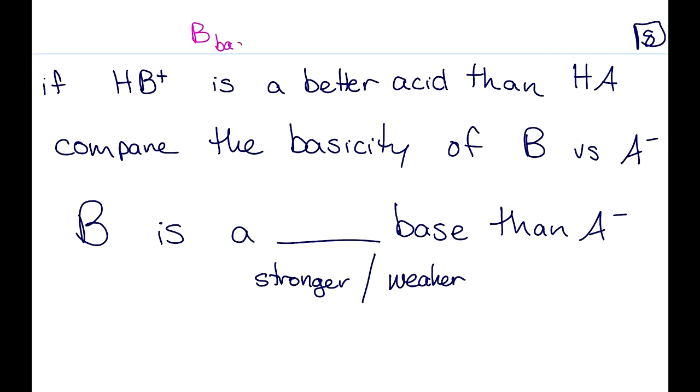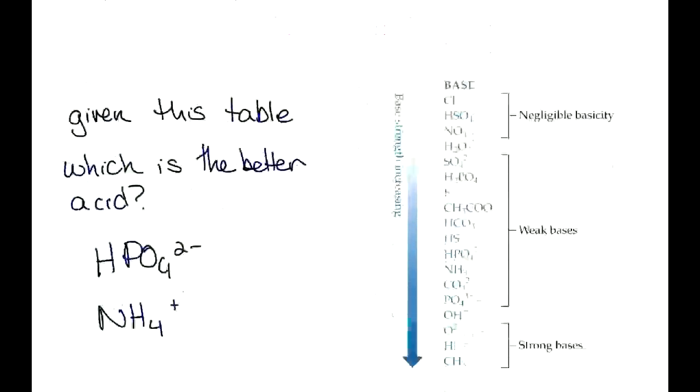Bad base. B is a bad base, because we say HB plus is a better acid than HA. Both of these are acids, so therefore B is a weaker or stronger base than A minus? It's going to be a weaker base than A minus. Those are the conclusions we can make. All right, keep going.